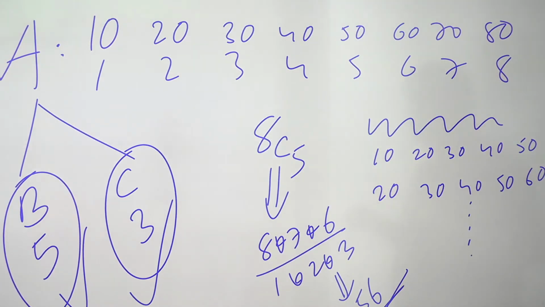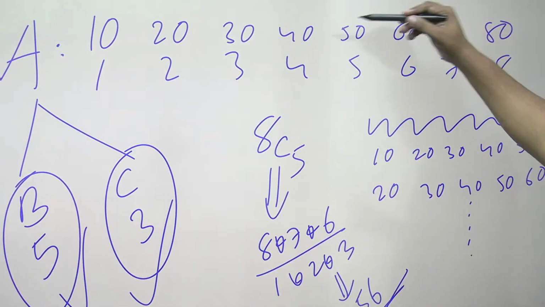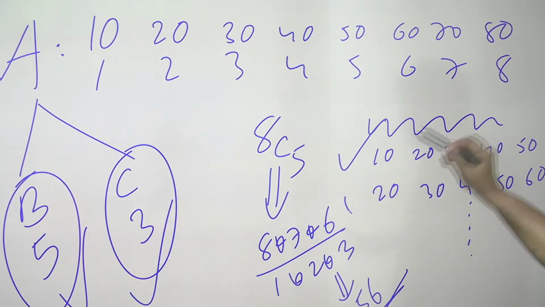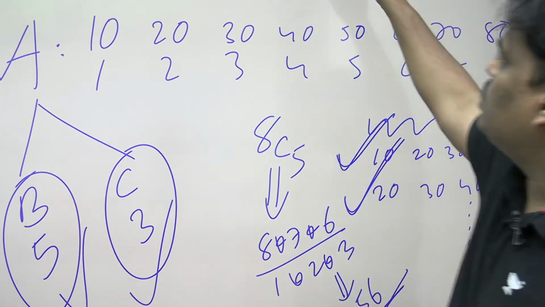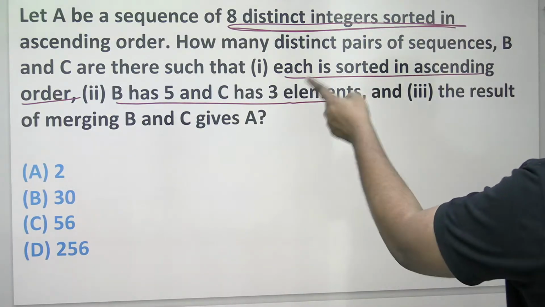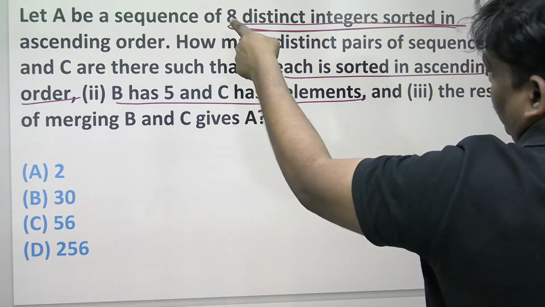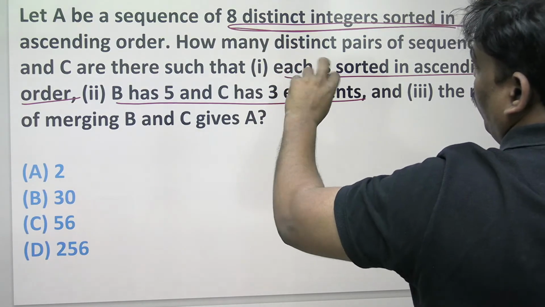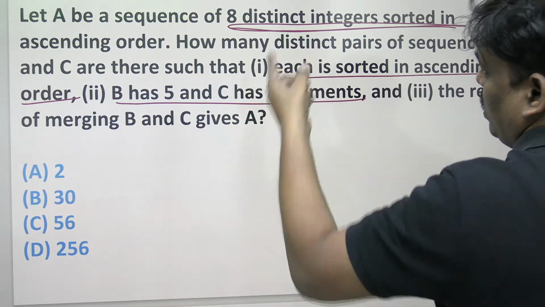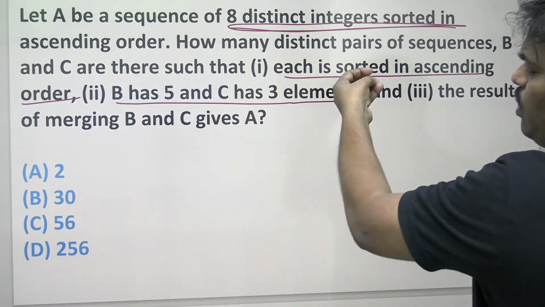But remember, if you take a sorted array, any combination you take will become sorted. Please remember, that is the condition he said: each is sorted in ascending order. Out of 8 elements of the sorted array, if you take 5, you take just one possible combination.